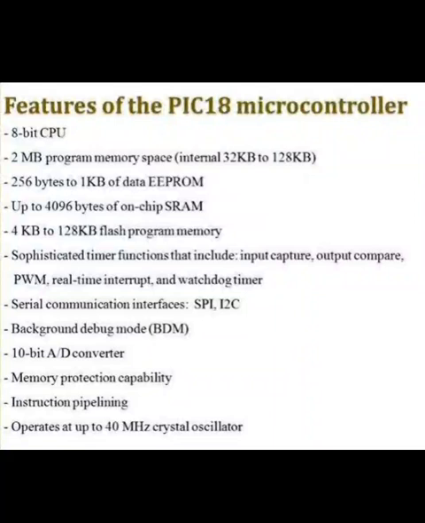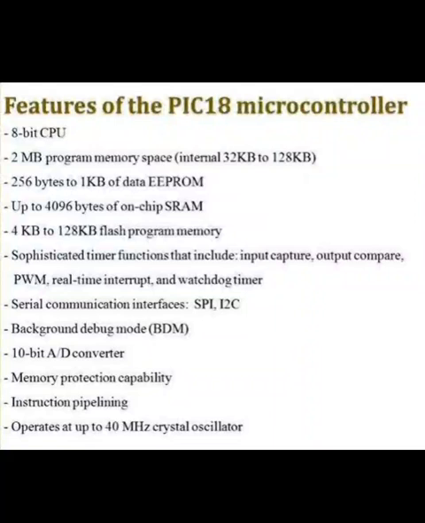PIC microcontrollers use a RISC processor and hardware architecture. The difference between the Intel 8051 and most general purpose processors that use von Neumann architecture is that PIC uses a different architecture than the Intel 8051.